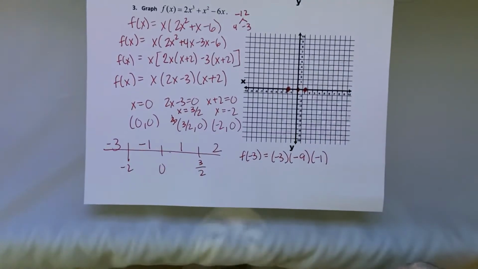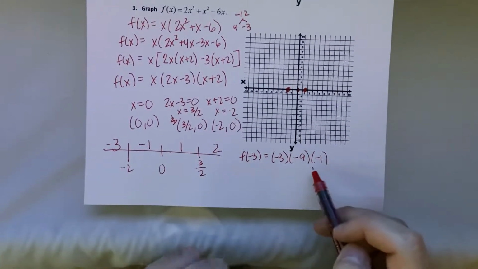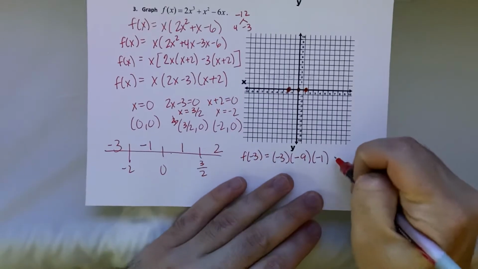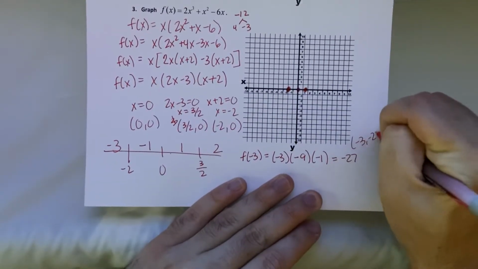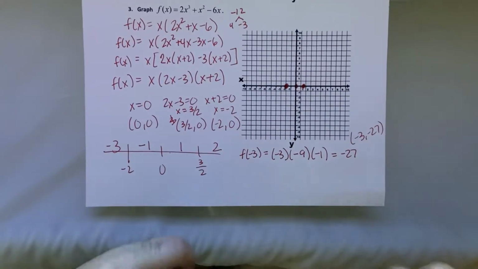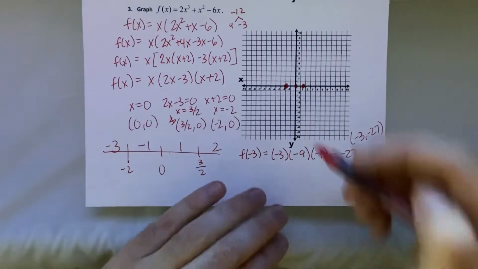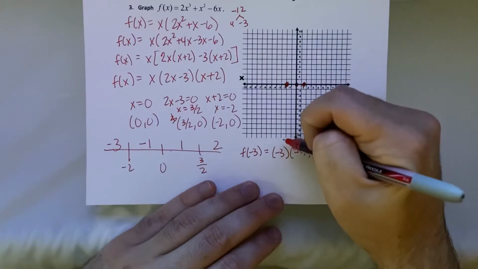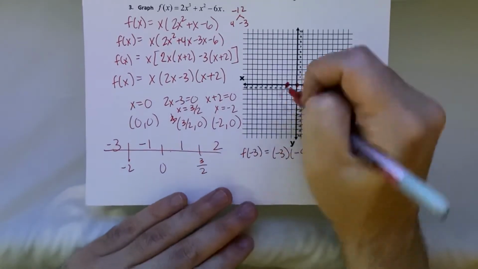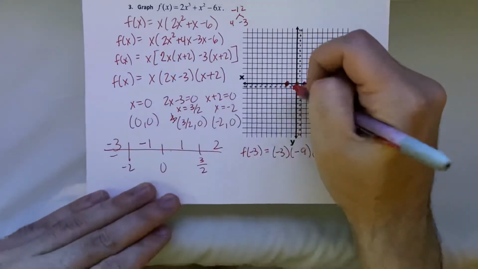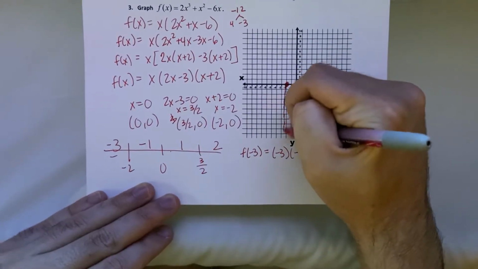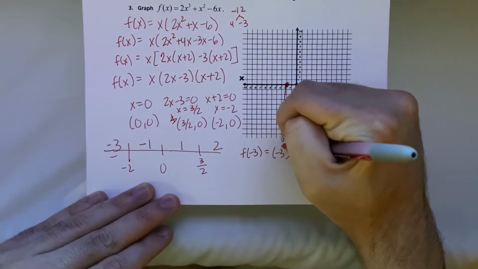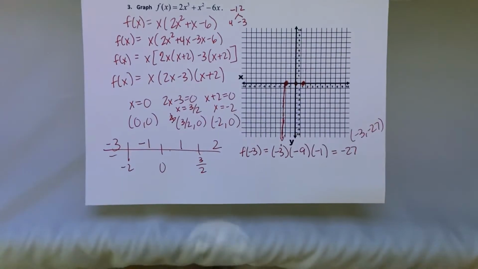When I multiply these all together, that would be negative 27. So that means I have the point negative 3, negative 27, which is, of course, off the graph. But what that tells me is it's off the bottom. It's a negative number, of course, which means it has to go down from here, and it would be off the graph. So I can't even graph that far, but I know way down here it would be there.